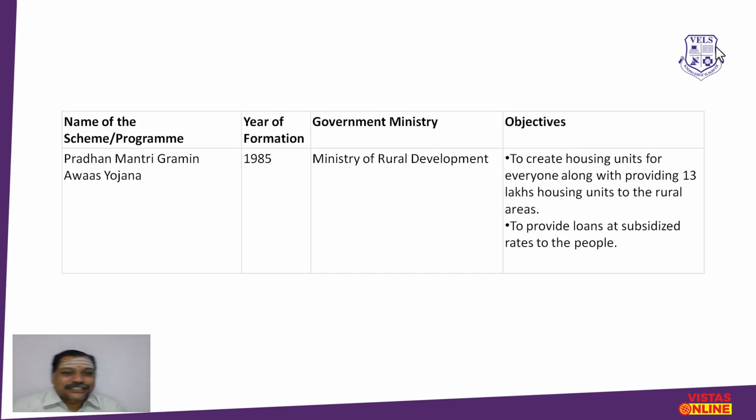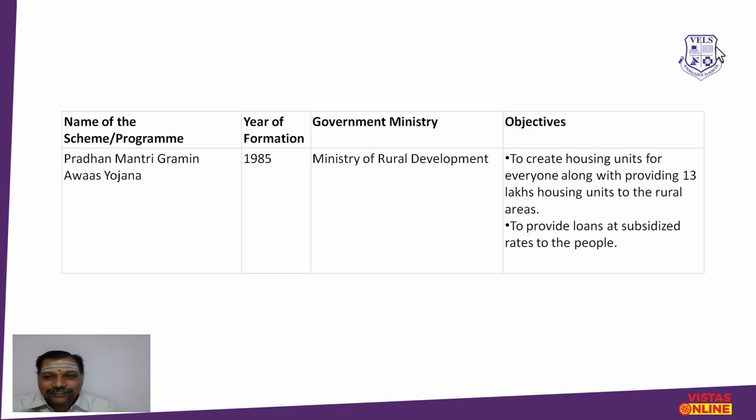And one more successful scheme was implemented in 1985. This scheme's name was Pradhan Mantri Gramin Awas Yojana. This scheme was introduced by the Ministry of Rural Development. The main objective of this scheme is to create a housing unit for everyone, along with providing 13 lakh housing units to the rural areas.